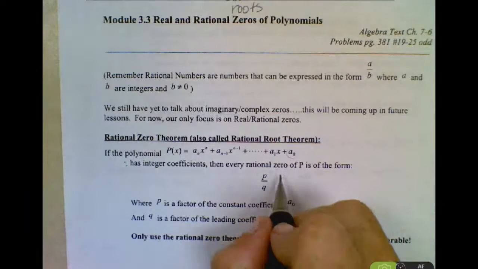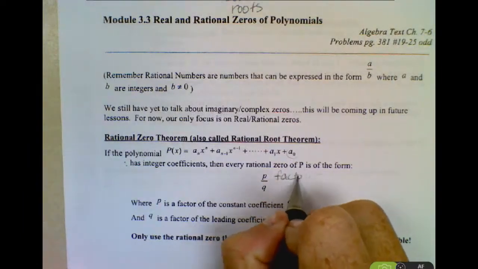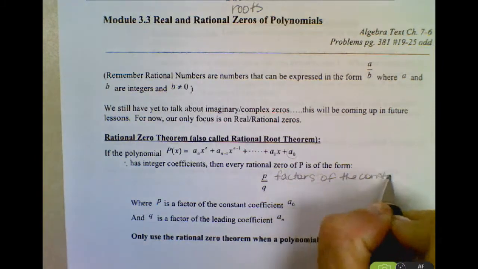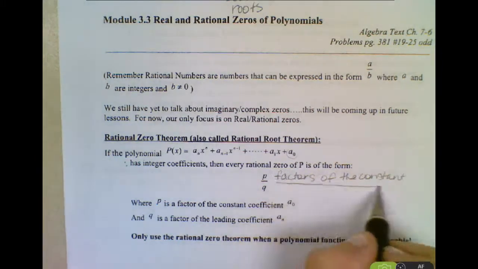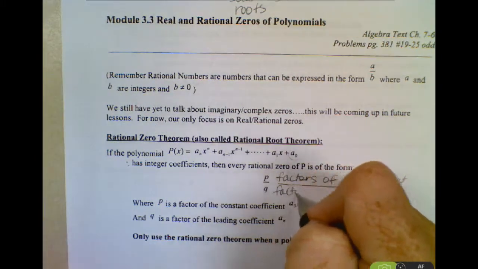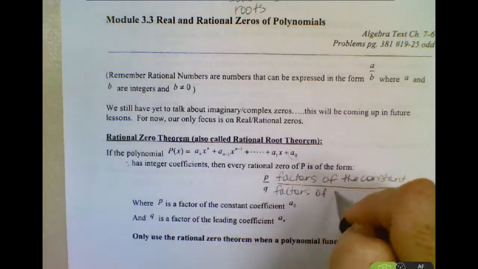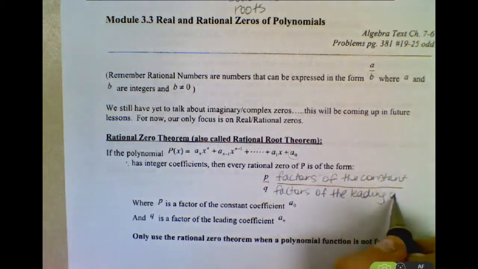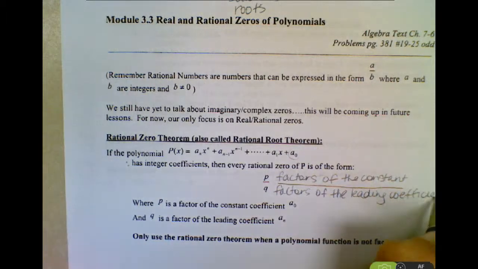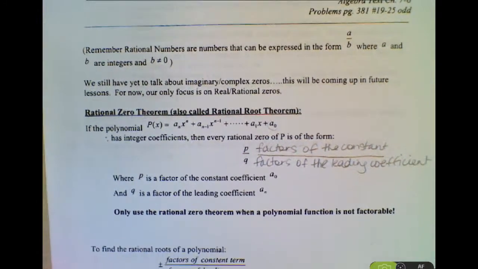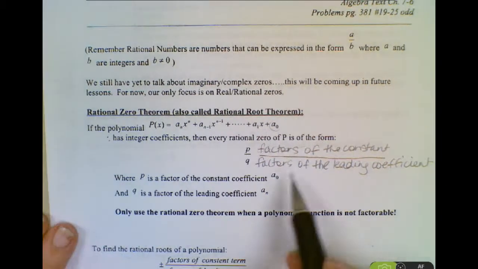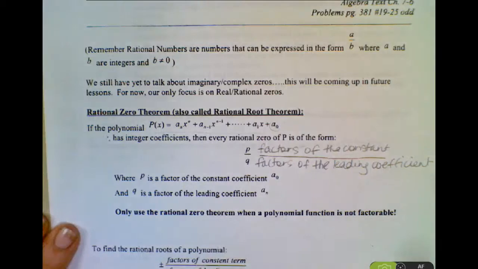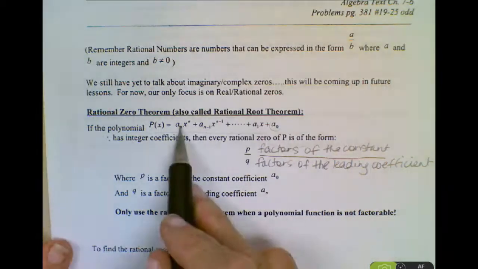The p value stands for all the factors of the constant in relation to all the factors of the leading coefficient. I told you before that the leading coefficient gives us a lot of information, and this is the first case where you're going to see that. Okay? So your last term is the constant. In this scenario they call that a sub 0, and a sub n is your first term there.